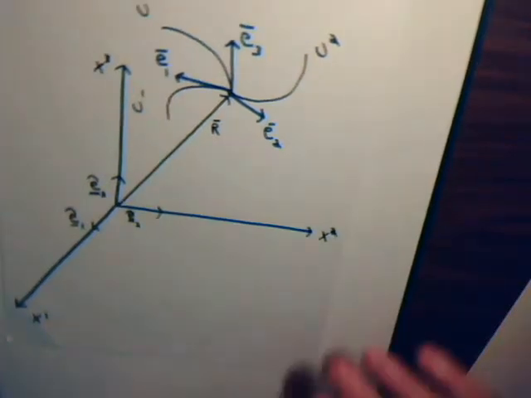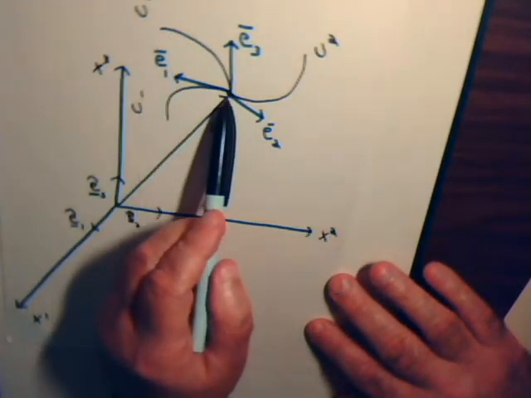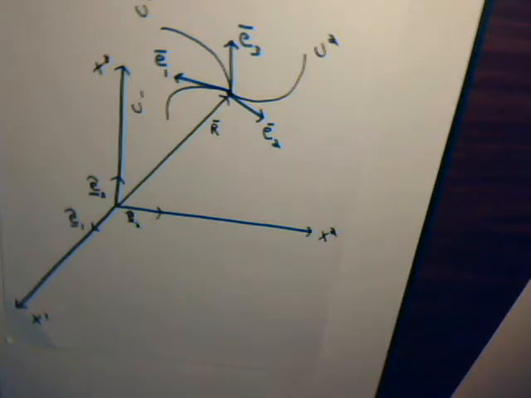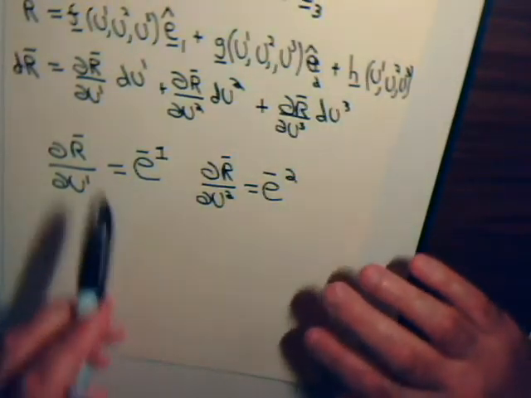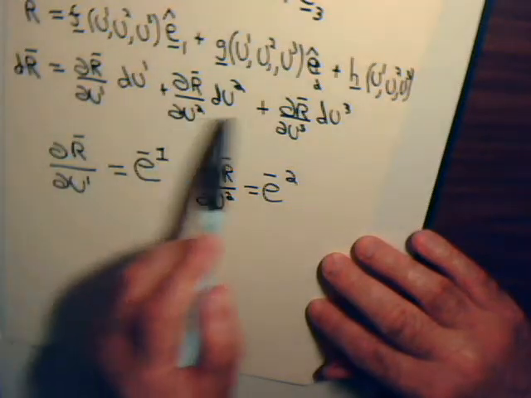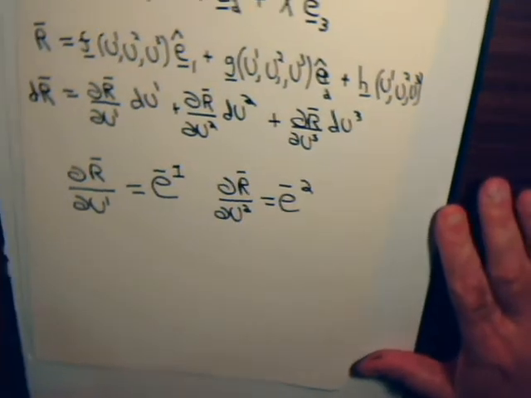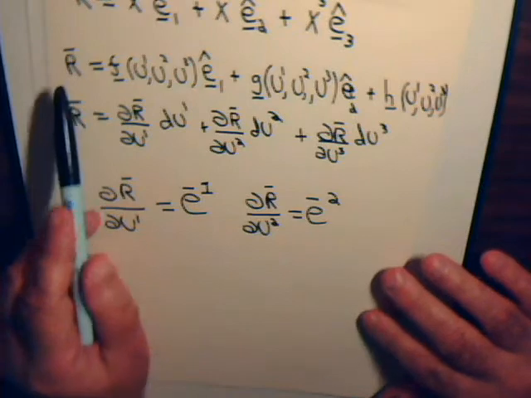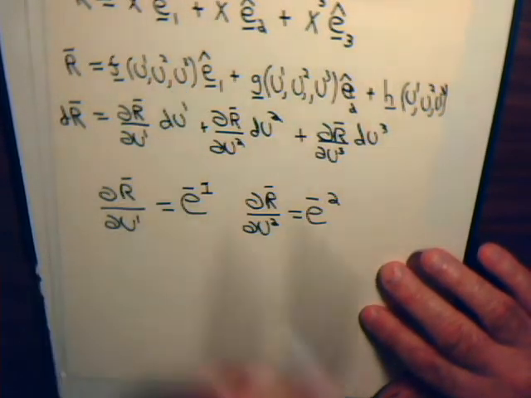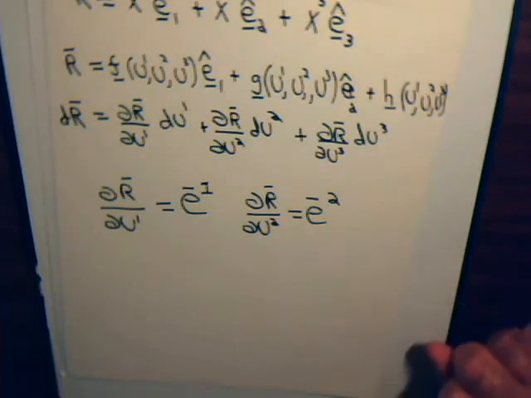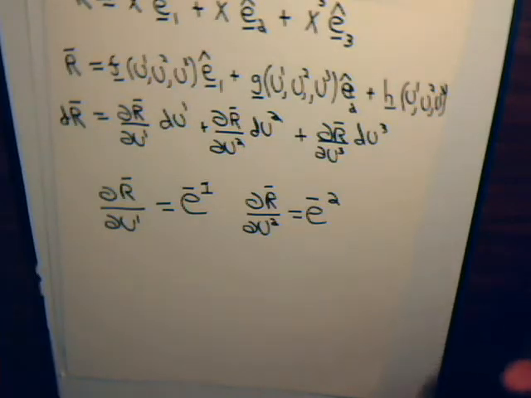Take the partial of r with respect to u3, and that gives us the tangent vector E3. And again, we can take those partial derivatives because we can express the position vector itself as a function of u1, u2, and u3 by using our transformation equations.